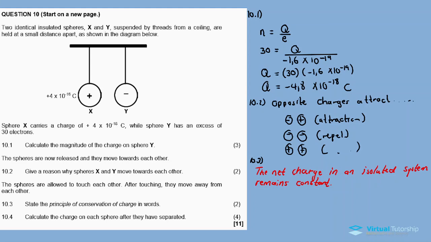Question 10.4: calculate the charge on each sphere after they have separated.